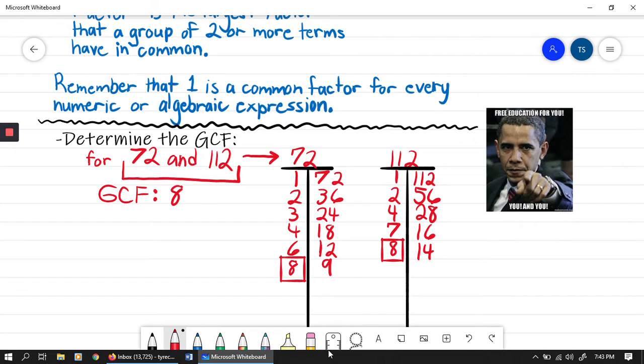So we can find the GCF between numeric expressions like that, and we can also find the GCF between algebraic expressions that have variables as well. Not only numeric expressions or constants, but also algebraic expressions that have variables.